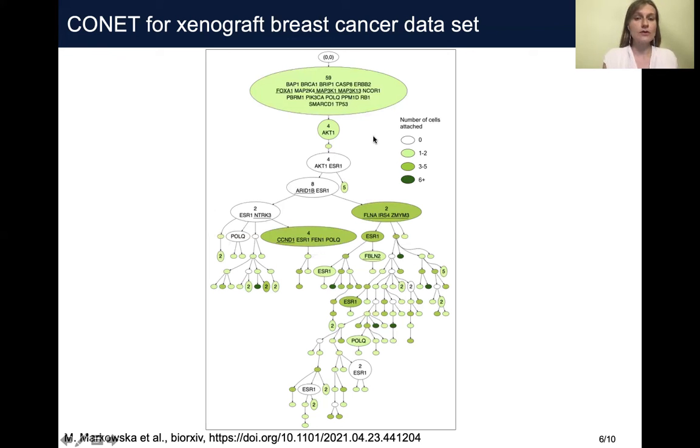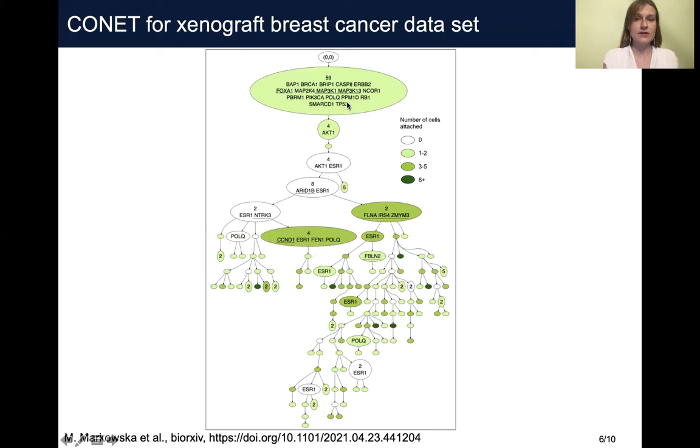Okay, so what information can we see in this picture? What important biological conclusions can we draw from it? First, we see this very big node that includes 59 events and a lot of breast cancer genes. This is a trunk event, so this means that all the cells underwent these copy number changes.